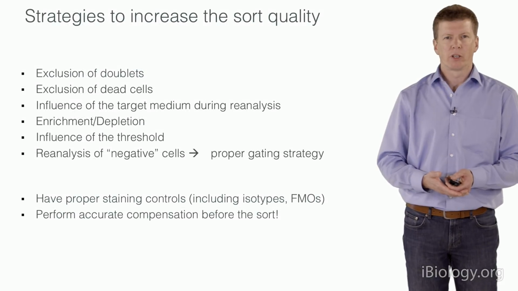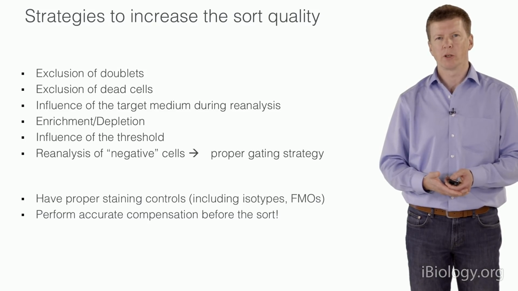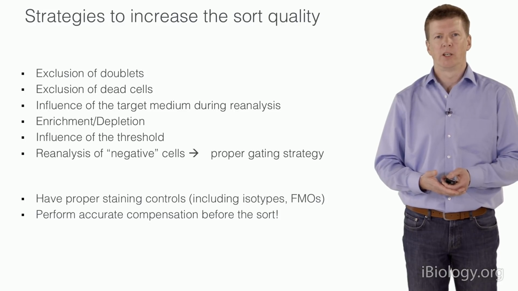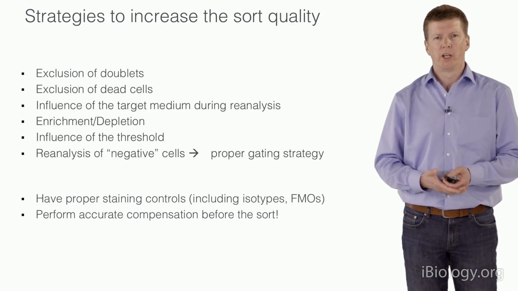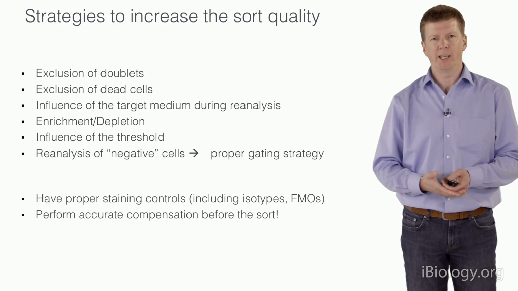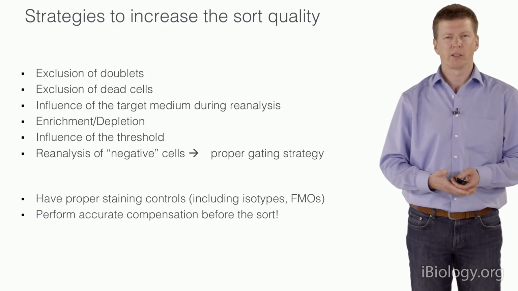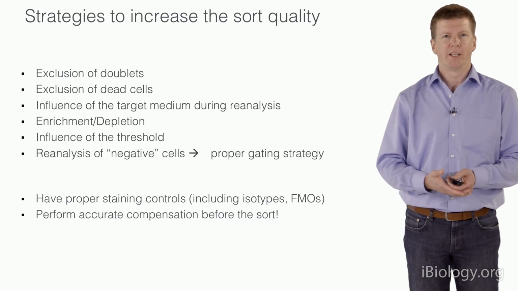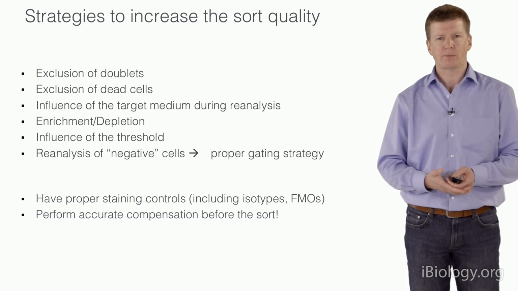At the end of the talk, I want to discuss some strategies for how you can improve your sort quality and the outcome of your sorting experiment. As you are used to in conventional flow cytometry, you should exclude doublets and dead cells from analysis. You should think about your target collection medium, because this can have an influence on the viability of the sorted cells.